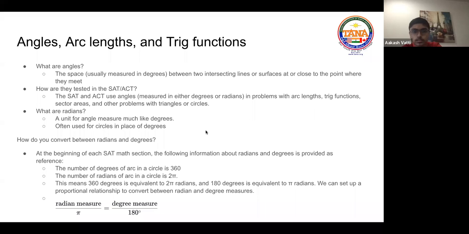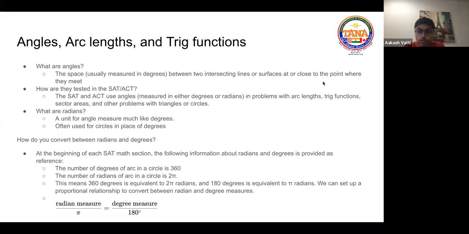The SAT and ACT use angles measured in either radians or degrees in problems with arc lengths, trig functions, sector areas, and general problems with triangles and circles. What are radians? Radians are an alternative measurement instead of degrees, and they're usually used with circles. You could say a circle is pi radians in radius, or stuff like that.